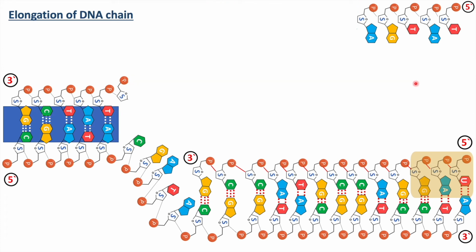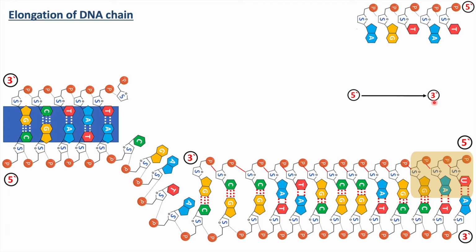So just imagine that Helicase has only unwound this much portion of the DNA strand. As soon as Helicase starts unwinding the strand, DNA polymerase will start synthesizing the new DNA strand from 5' to 3' end.